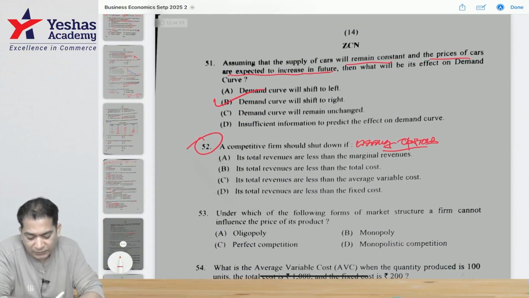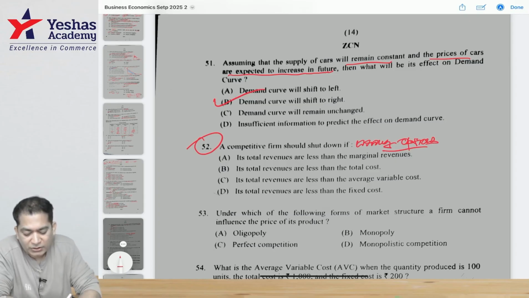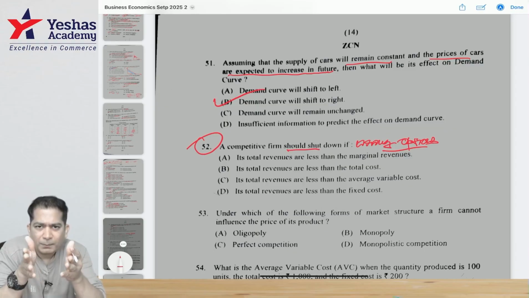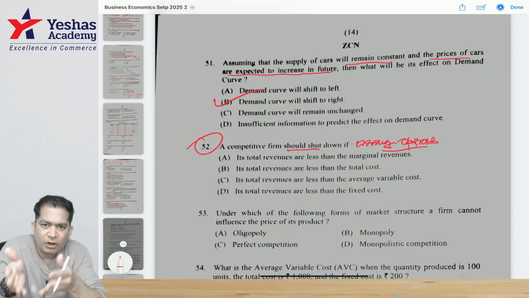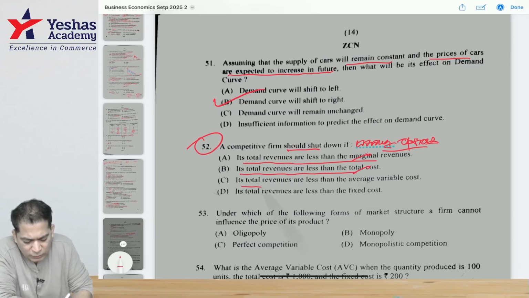Now this particular question's options are wrong, because when you're talking about production shutdown or continuation, you have to compare price or AR with average variable cost. None of the options makes any sense. It's total revenue less than marginal revenue, total revenue less than total cost, total revenue less than average variable cost.